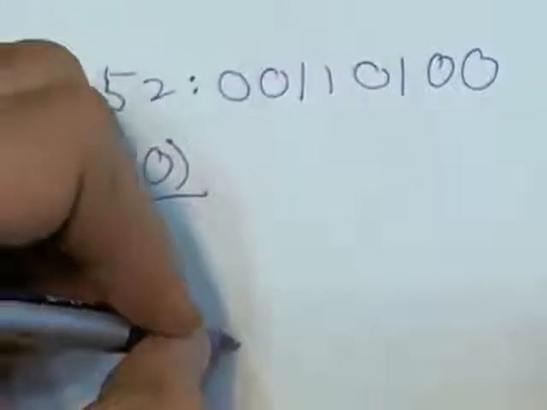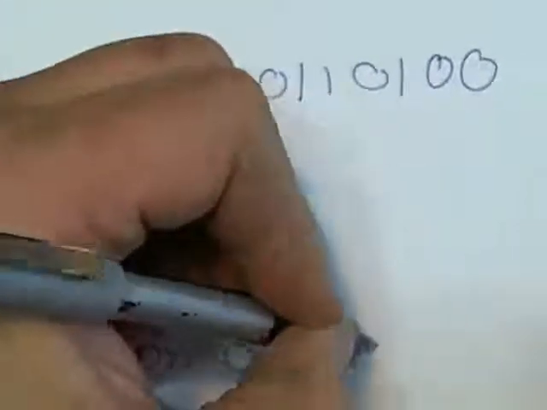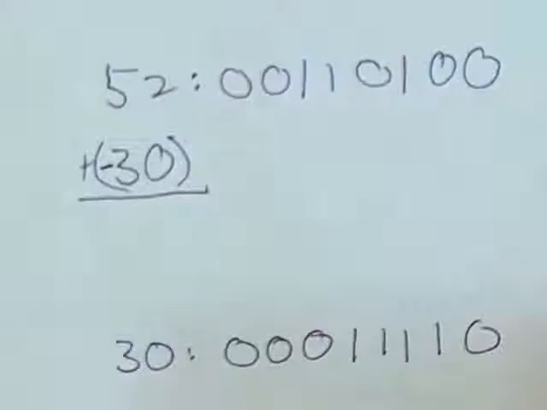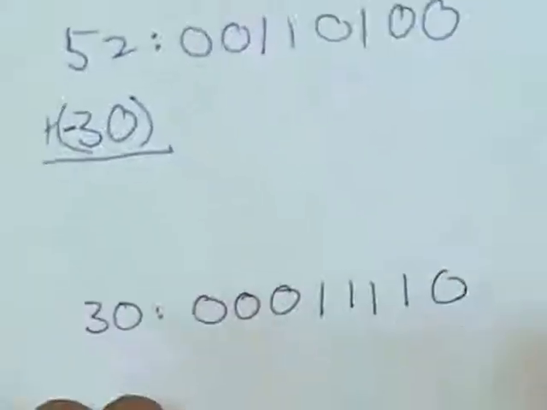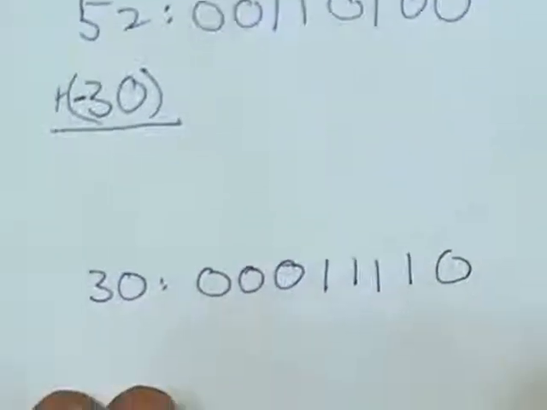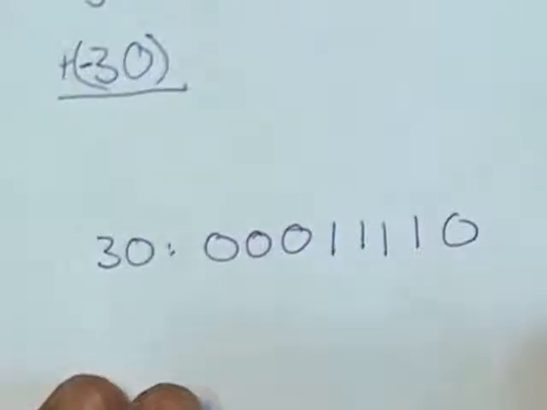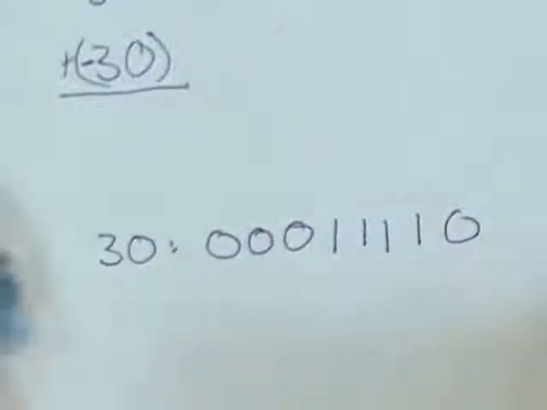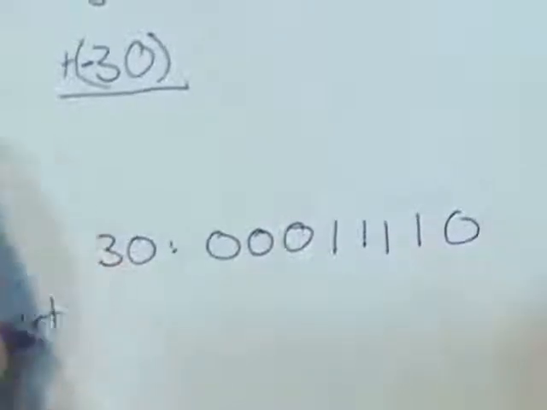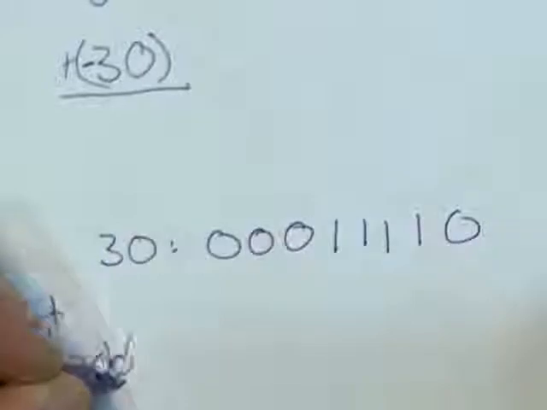That number was 00011110. That is 30. Of course, I don't want 30. I want negative 30. And the rule is invert, then add 1.